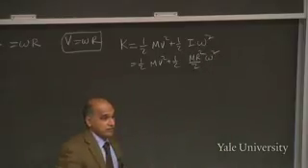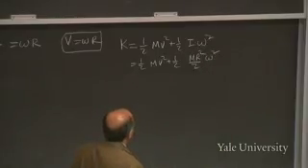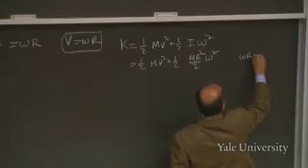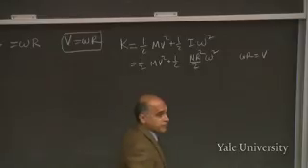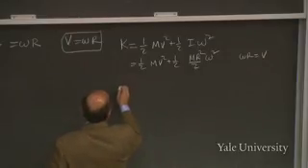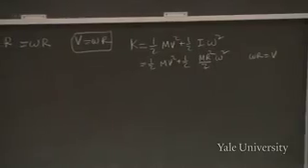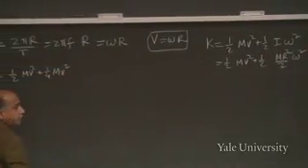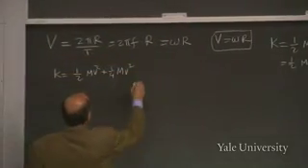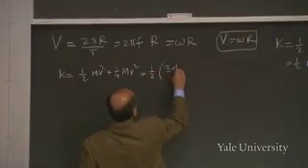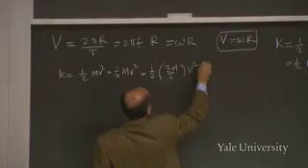I've not done anything different. But now we must remember that omega r is the velocity of the car. So if I do that, I find, going back to this corner here, K equals 1/2 mv squared plus 1/4 mv squared. So you can write it as 1/2 times 3m over 2 v squared.